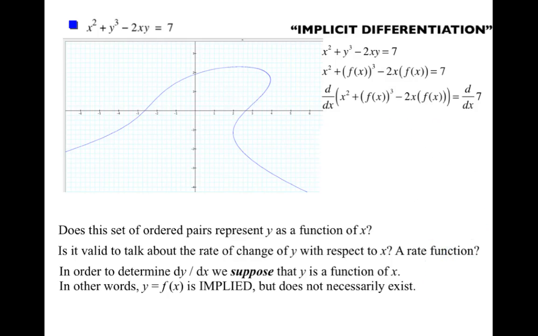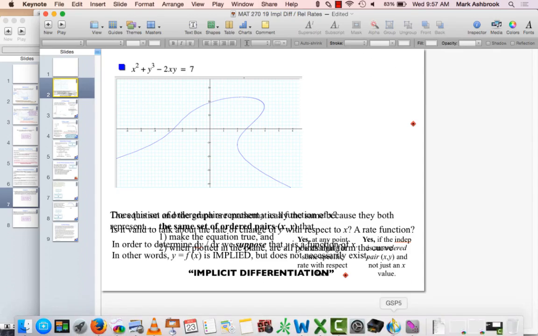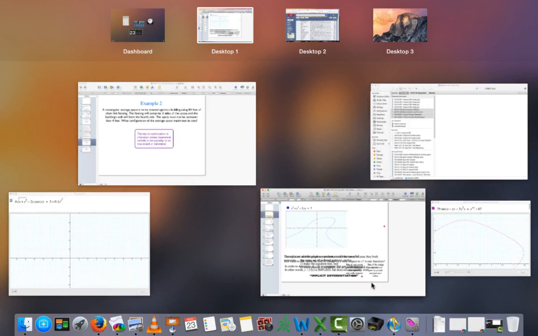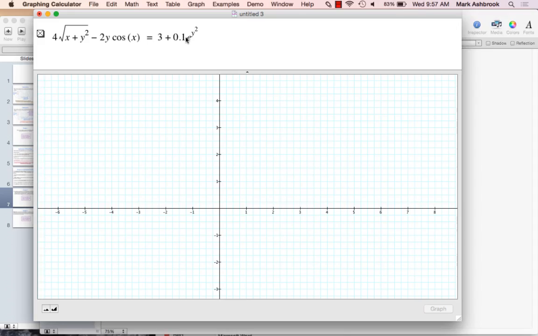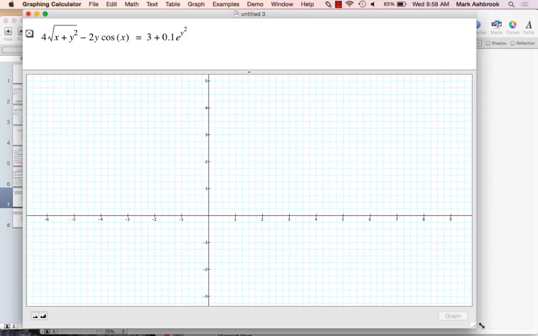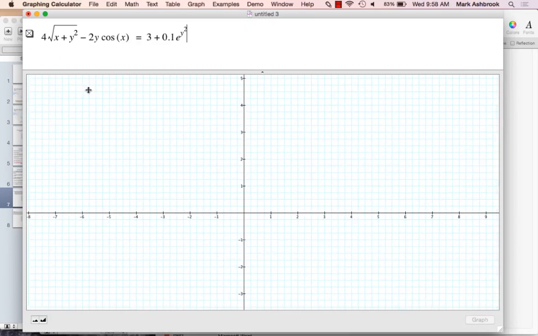Okay, let's just start another example, because we've got to get on to the related rate stuff, but let's start one more example here. Okay, so here's an equation. And if we were to plot all ordered pairs x and y that make this true, that means graphing it, right?